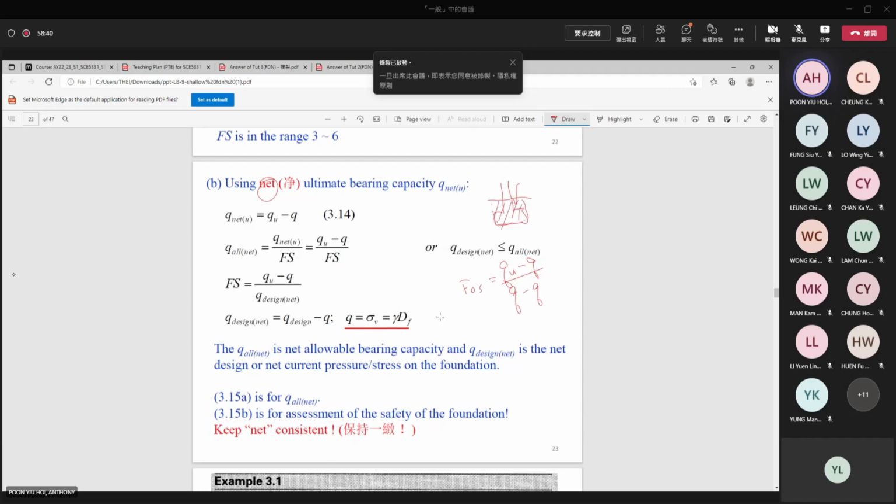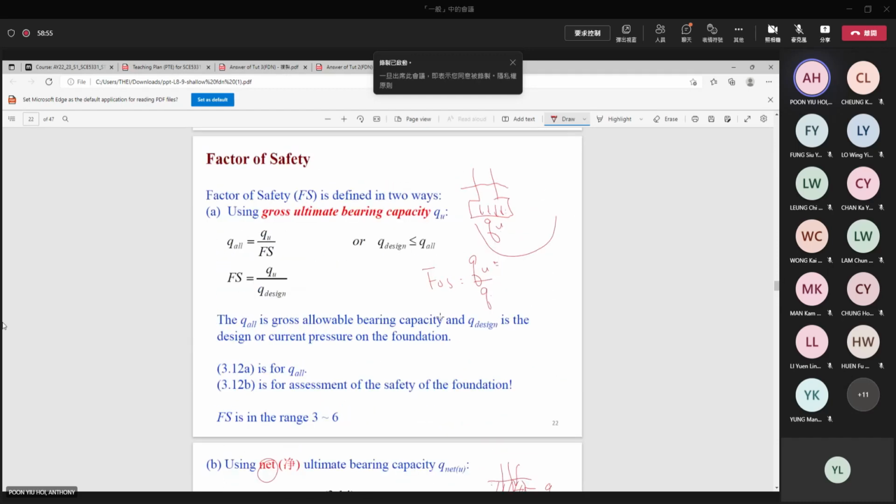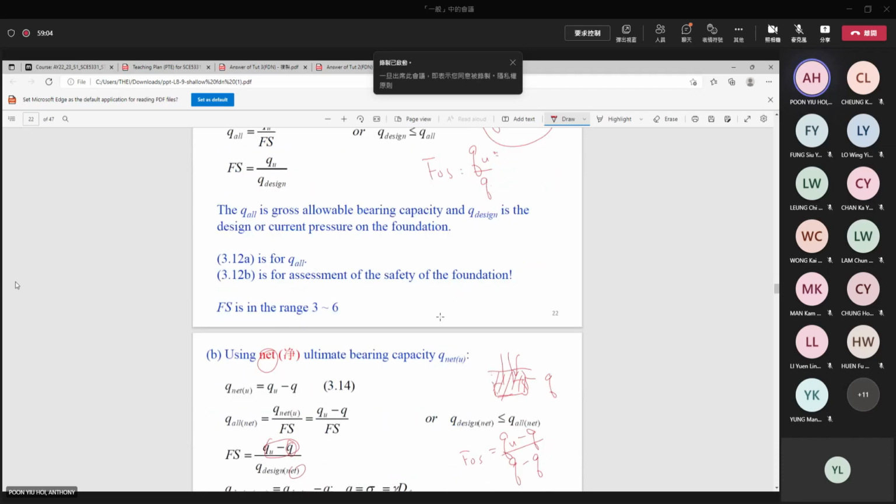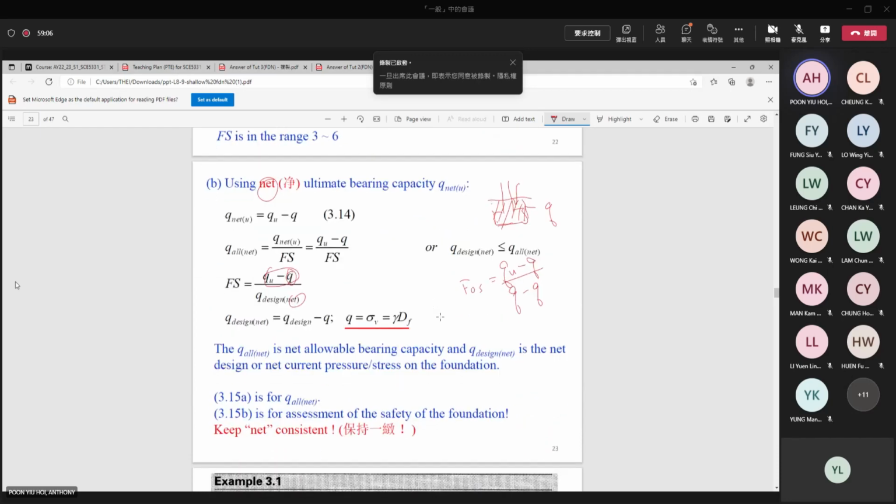This is calculated based on a net. Okay. So you can see there are two ways of finding the factor of safety. One is based on the gross ultimate bearing capacity. The other is based on the net ultimate bearing capacity. Okay.